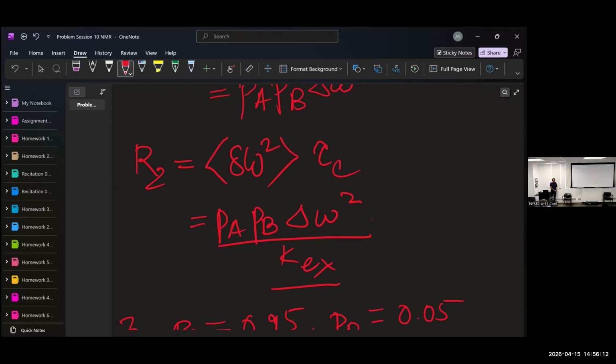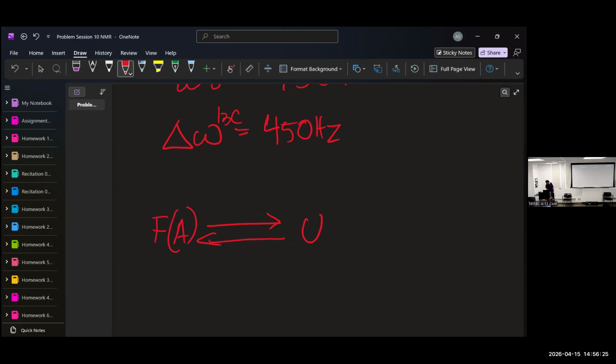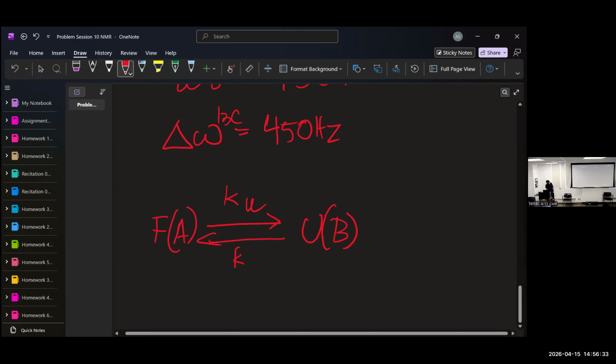Right. So how do you get the folding rate? It's a detailed balance. Say the folded state we define as A, the unfolded state is defined as B. This is the rate constant of unfolding, and this is the rate constant of folding.